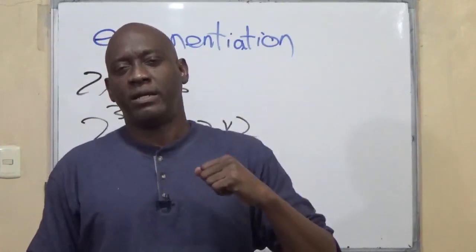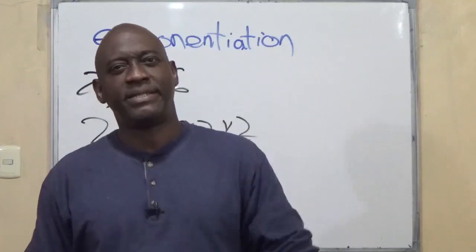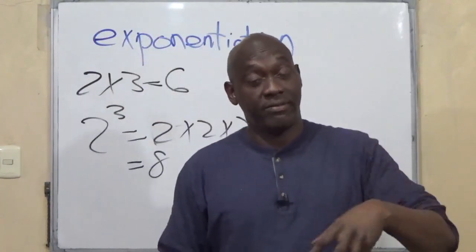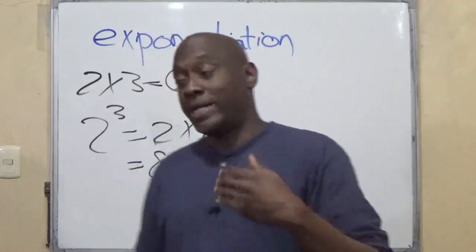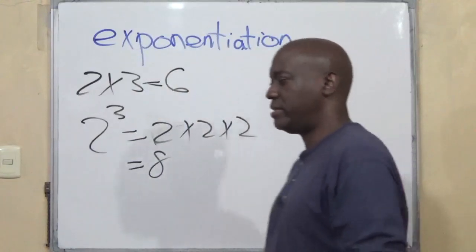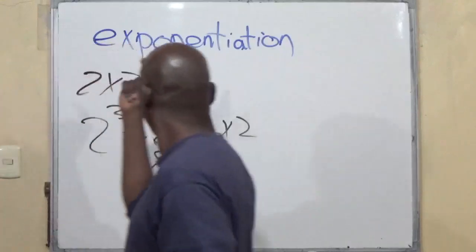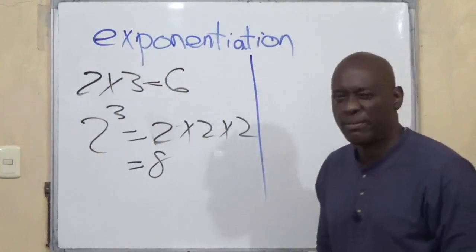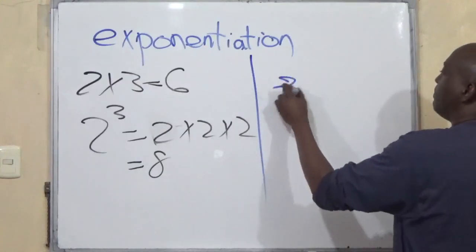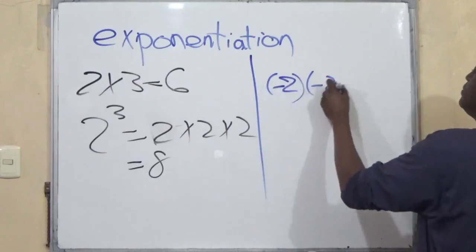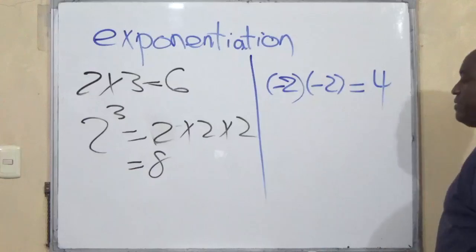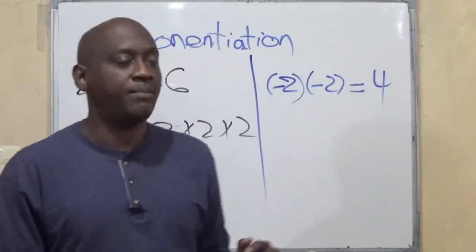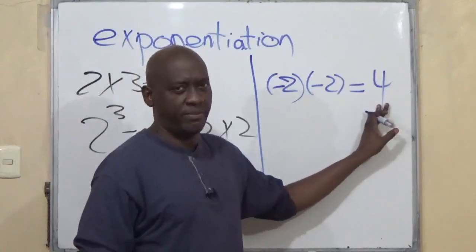Because we are now familiar with the mathematical rules governing multiplication involving negative numbers, we can say with confidence that, let me use some small numbers to begin with, minus 2 by minus 2 is equal to plus 4. See what happened there? So two negative numbers multiplied by each other will give you a positive number.